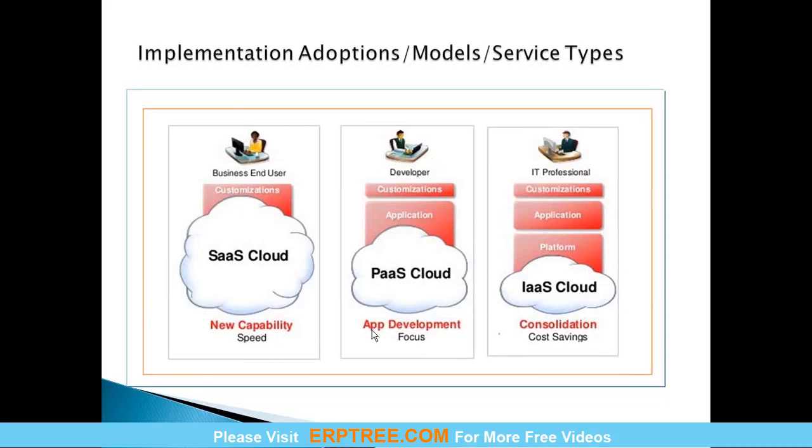Application developers will have access to the technical tools which are really required for application development. Customizations can be given by Oracle. That's the reason the scope here is very high. You'll have access to the application and you will be able to do the customization. See here, instead of customization, it should be written as application. I didn't notice at a very detailed level.